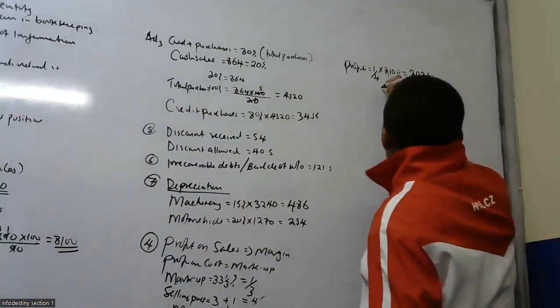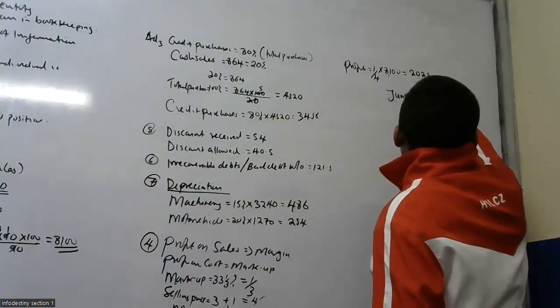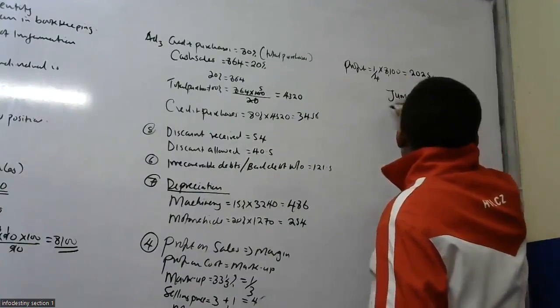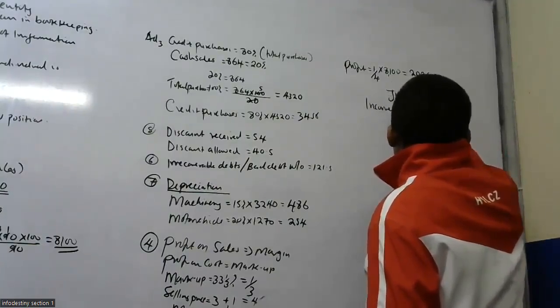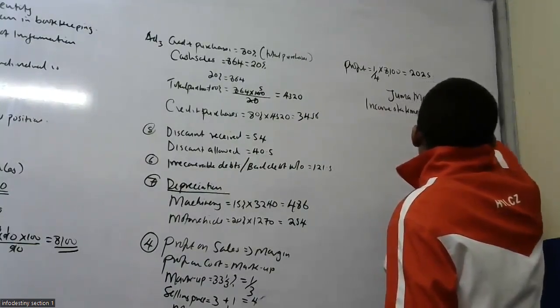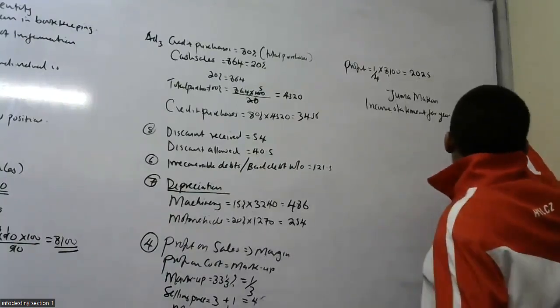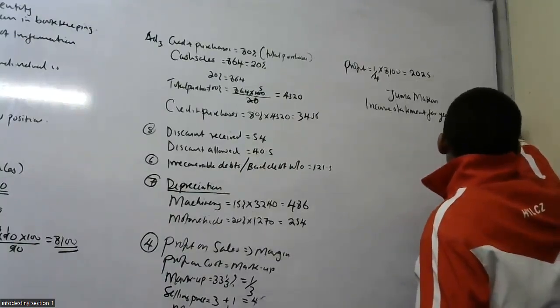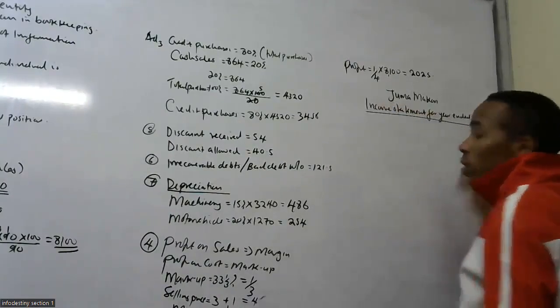So this is Juma Makori. Income statement for the year ended 1st May 2015.